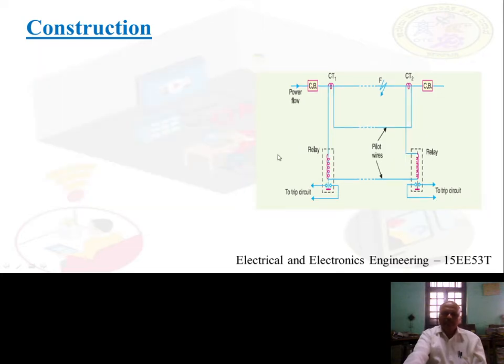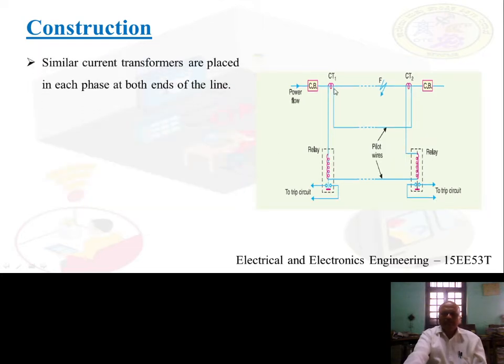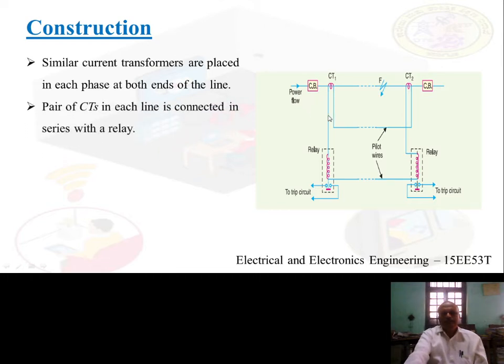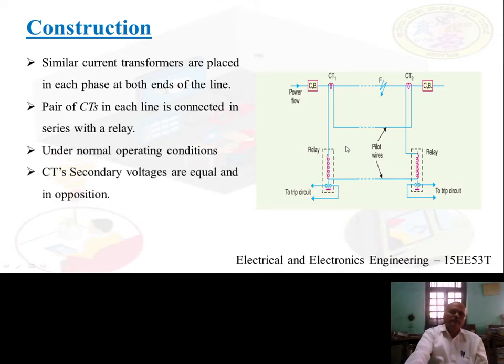Here the CTs connected at both ends are the same, that is, their turns ratio is the same. The CTs connected in one line are connected in series with the relay, such that under normal conditions the EMFs induced in the secondaries are equal and in opposition, that is, they balance each other.